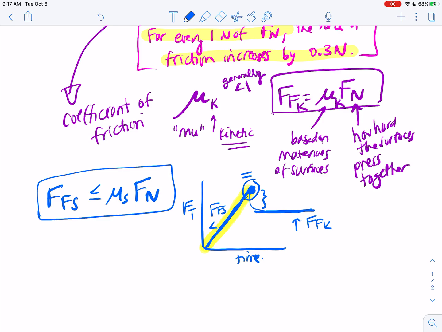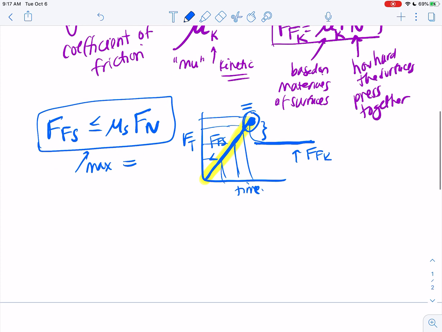So the static friction will match your pull, or the net force acting on that object, to keep it still until you break this threshold. If it's asking for the maximum amount, that would be the equal to. For example, say the maximum amount is 5 newtons. If I pull on the box with 1 newton, the static friction will only pull 1 newton.